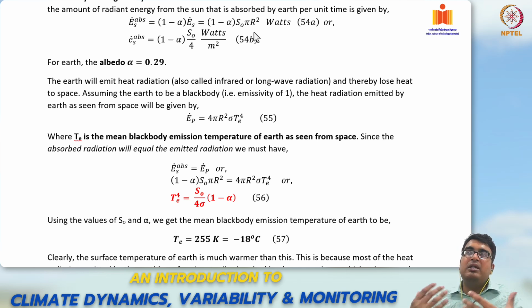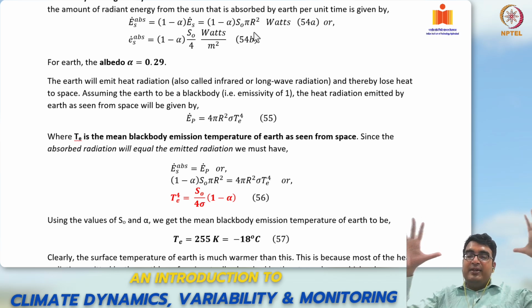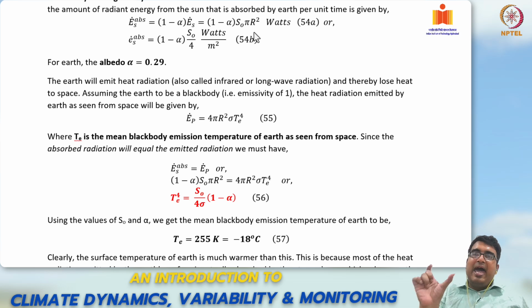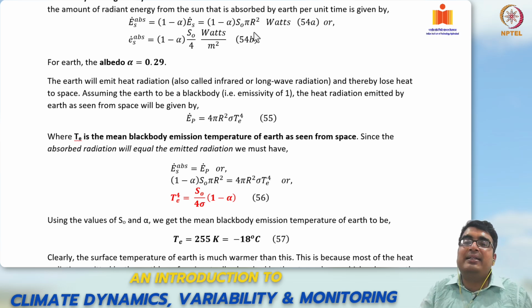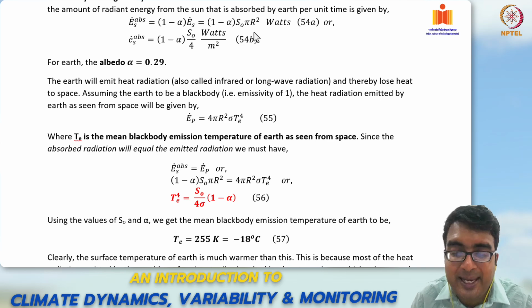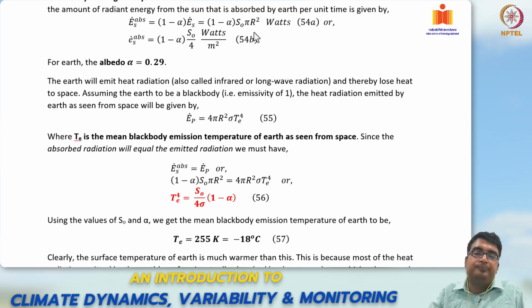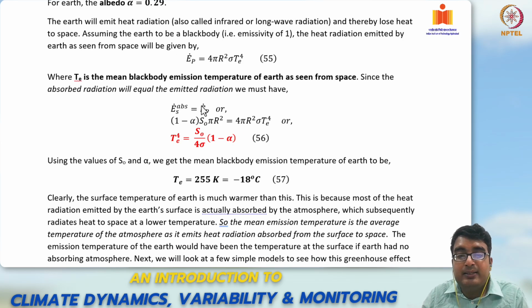You remember, we evaluated S0 by dividing the total energy radiated by the Sun by the surface area of the imaginary sphere at the Earth's distance. So that way we can find S0 for any planetary body. Once this is done, we can get the black body emission temperature of Earth, or in fact any planetary body, if you know the albedo value and the S0 value.